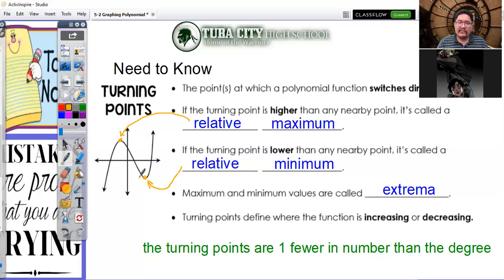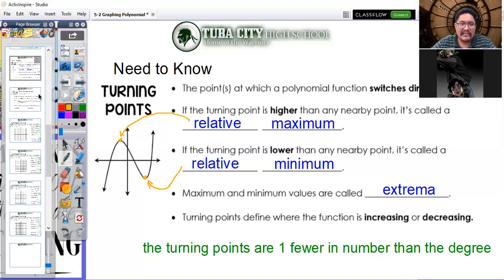And again, turning points are where it changes from increasing to decreasing, but it can also change from decreasing to increasing. Okay, so I hope that makes sense. And I know this is a lot to cover. Let's go ahead and keep things moving along.